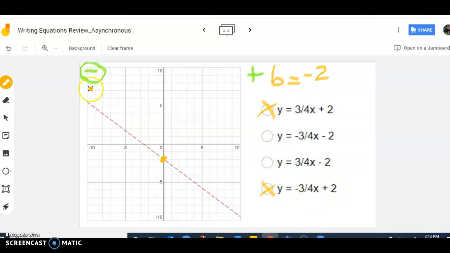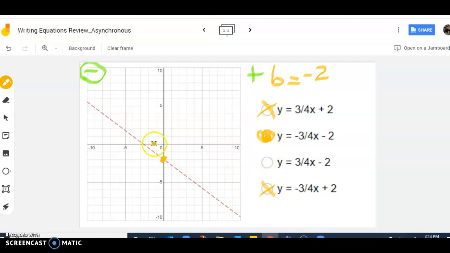Remember how we said our line was negative? Because my line is negative, if I look at my answer choices, I have the negative 3 over 4, and then I have just regular 3 over 4. So that means my rise would be 3, my run would be 4 for both of those. But because my line is negative, that means that I should be picking my second answer choice.